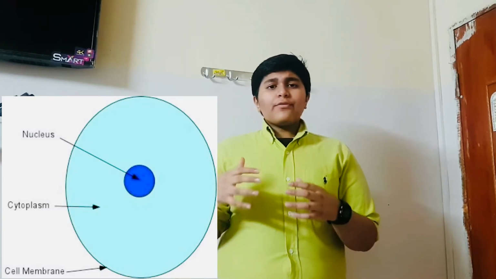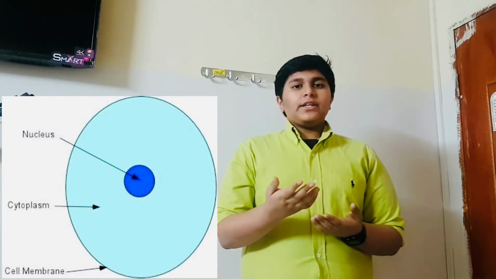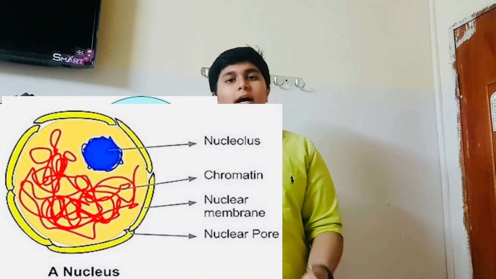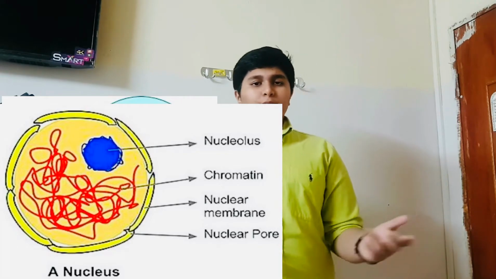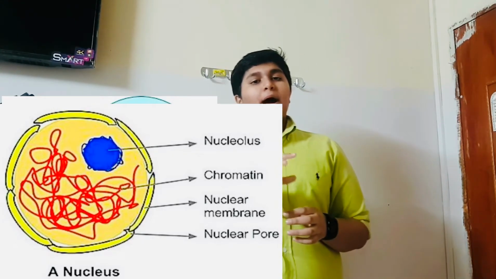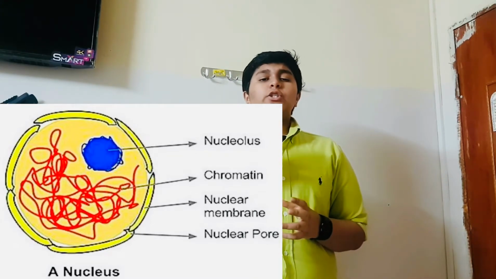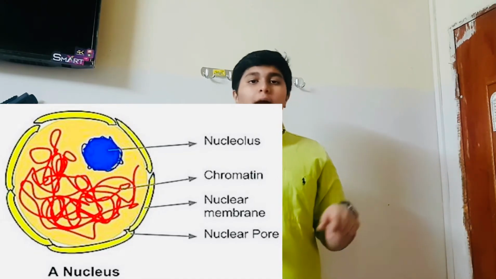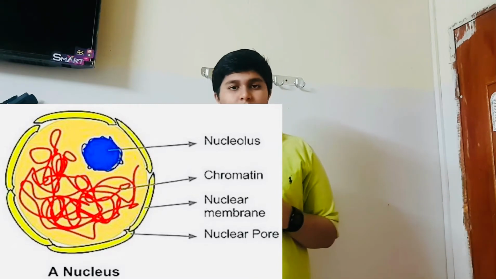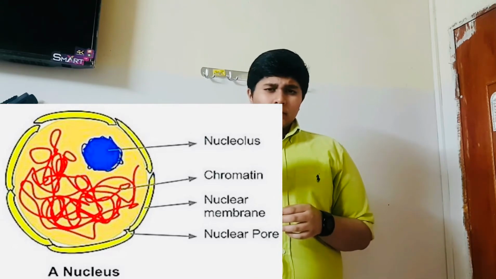For us, the control panel is our brain; for laptops and phones, it is the motherboard. Like that, the nucleus is the control panel of a cell. The nucleus also has a covering, the nuclear membrane.